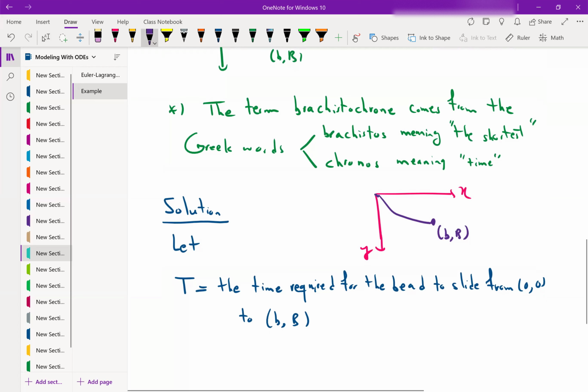And now I'm going to introduce two other symbols that will be useful.